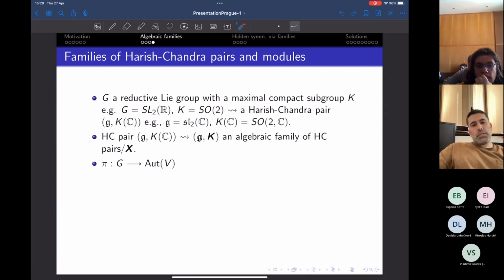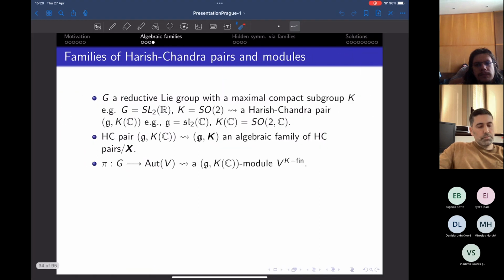Let's move to representations, and let's see how we can take a representation, which is some continuous thing, and get out of it a module for this algebraic thing. So suppose we start with a representation of our reductive group G on some topological vector space V. Then it's a simple thing to get an algebraic module, a GK module, a module for this Harish-Chandra pair GK.